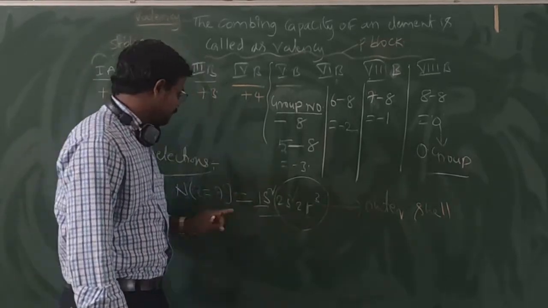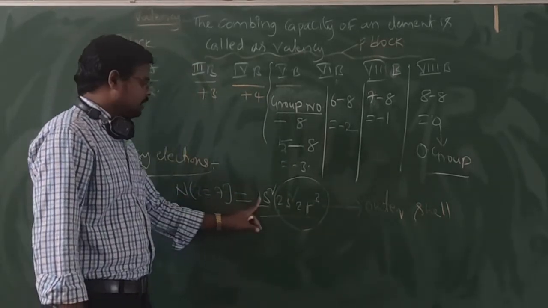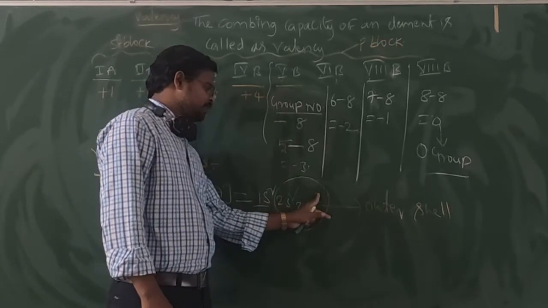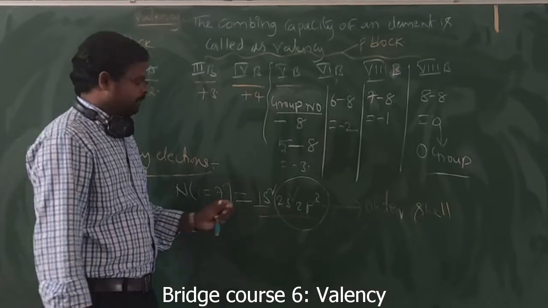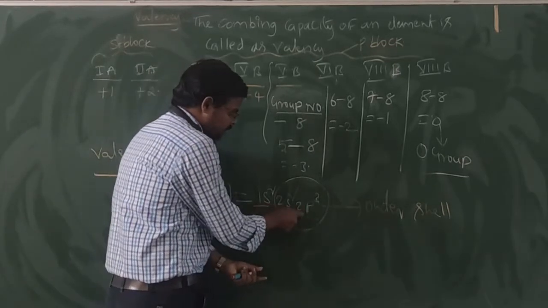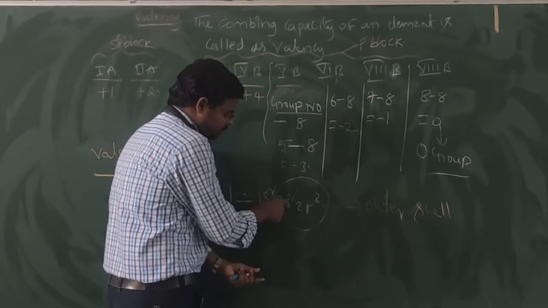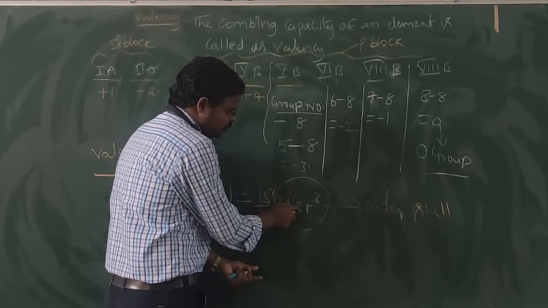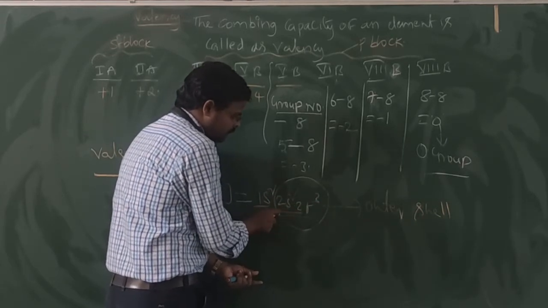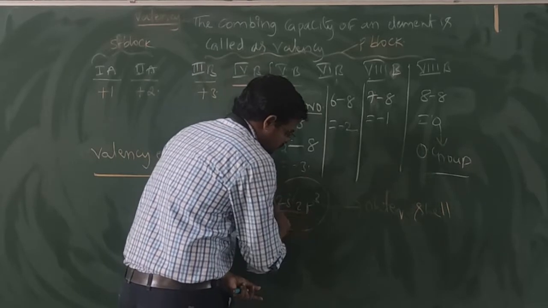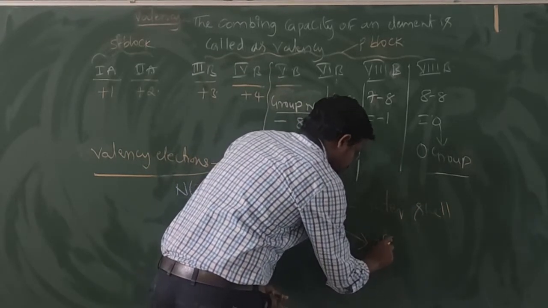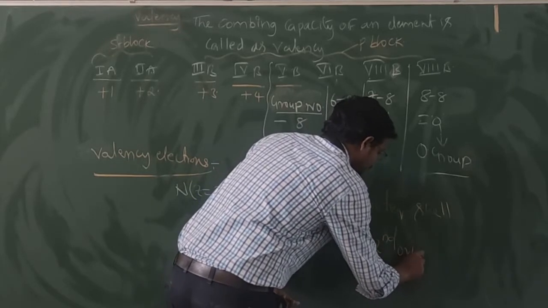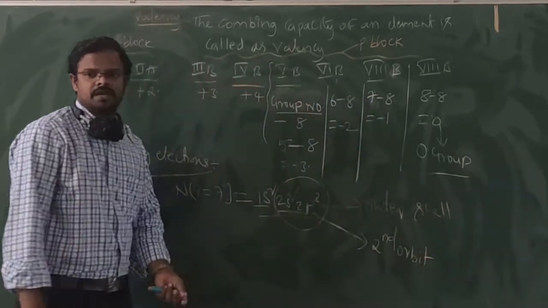Anyhow, nitrogen's electronic configuration is 1s2, 2s2, 2p3, which accounts for 7 electrons. If you observe the outer shell electronic configuration, 2s2 and 2p3, which orbit do these orbitals belong to? The second orbit.